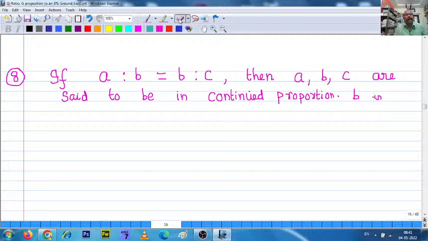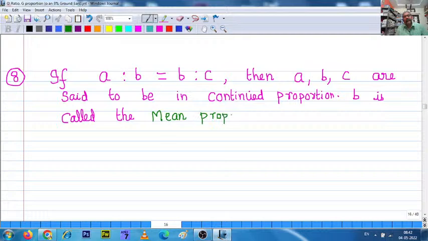B is called the mean proportional. So mean proportional, this is very, very important.